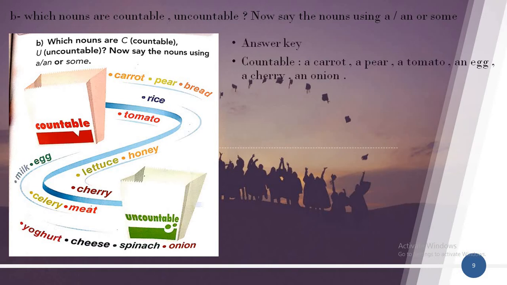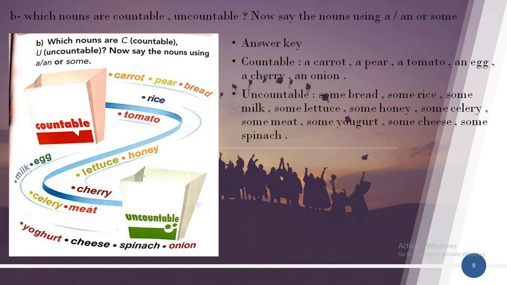So countable nouns are a carrot, a pear, a tomato, an egg, a cherry, an onion. For uncountable nouns, some bread, some rice, some milk, some lettuce, some honey, some celery, some meat, some yogurt, some cheese, and some spinach.